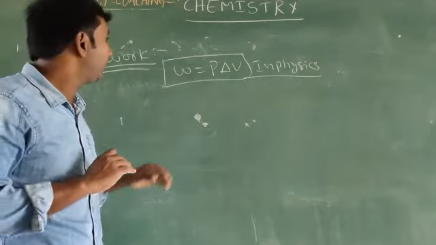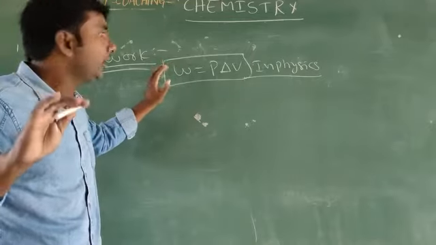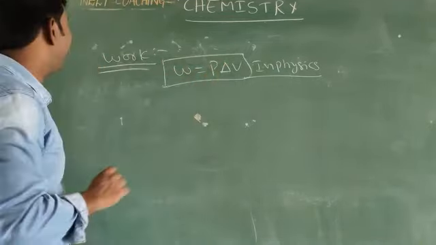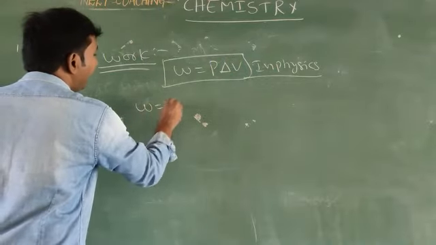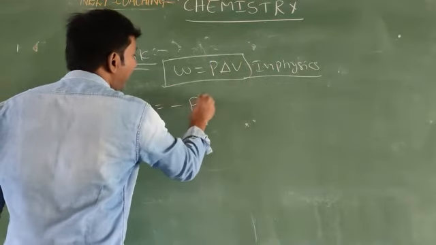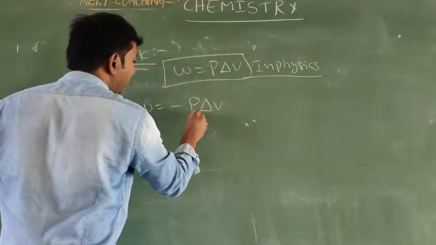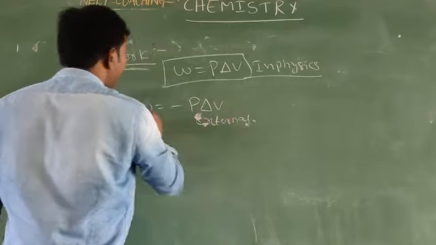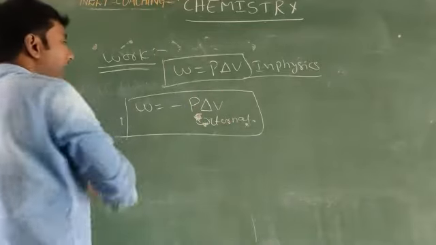Finally, you know W equals P delta V in physics. In chemistry, work equals minus P delta V. The pressure is also the external pressure. This is important.